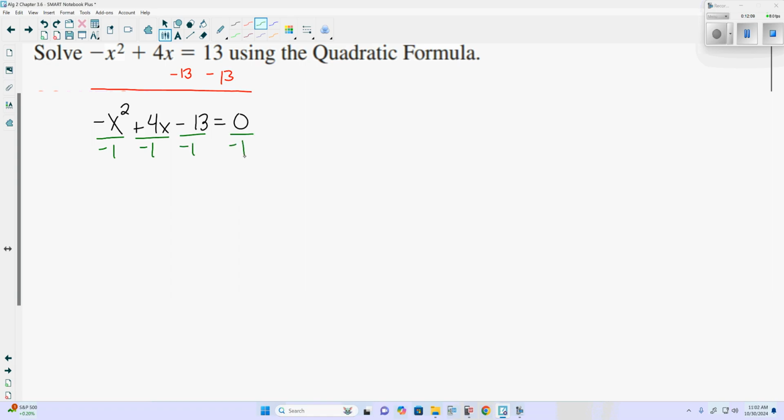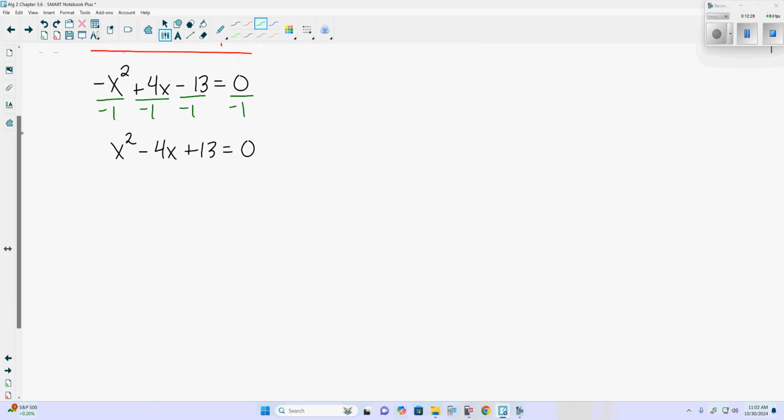Well, we can either divide everything by negative 1 or multiply everything by negative 1, because all that's going to do is change the signs. Negative x squared is going to become positive x squared. Positive 4x is going to become negative 4x. And our 13 is going to go from negative to positive. Which means a is now 1.